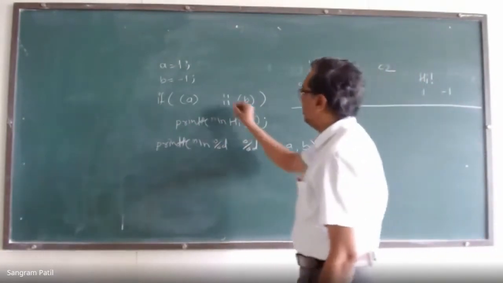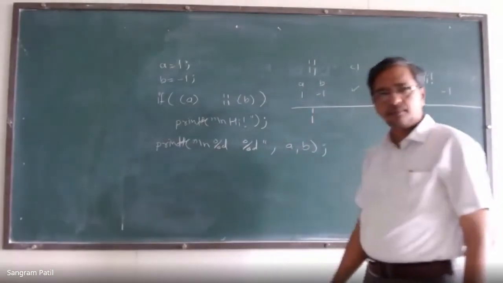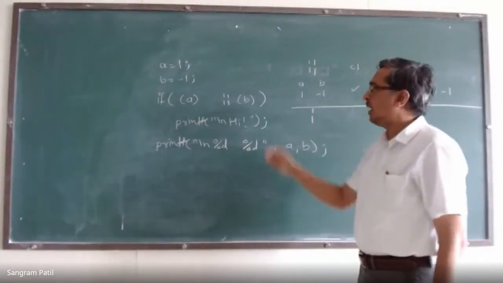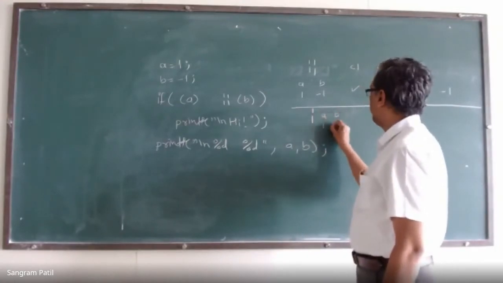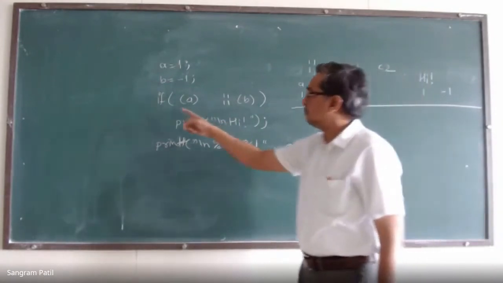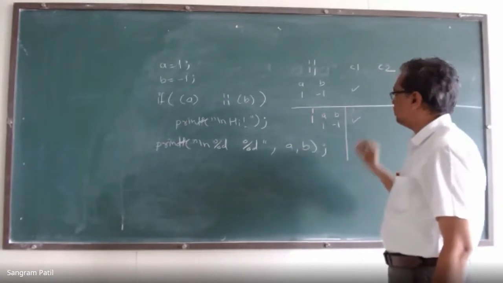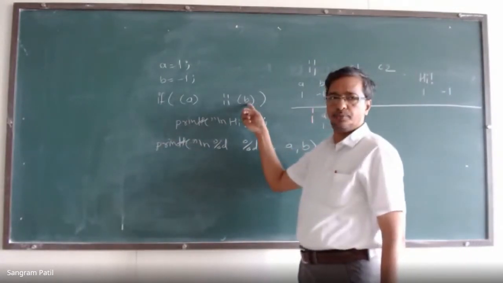Now instead of double vertical bar, suppose we have this single vertical bar, value of A is 1, value of B is -1. It will come here. If A, this is non-zero, yes, condition 1 is satisfied. It will check condition 2 also.